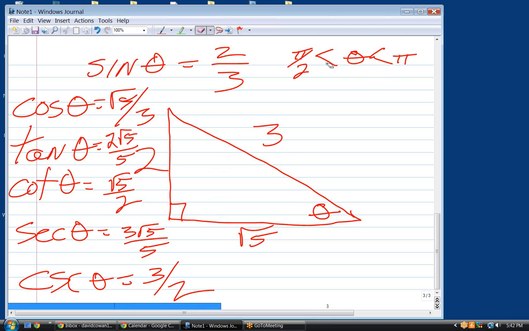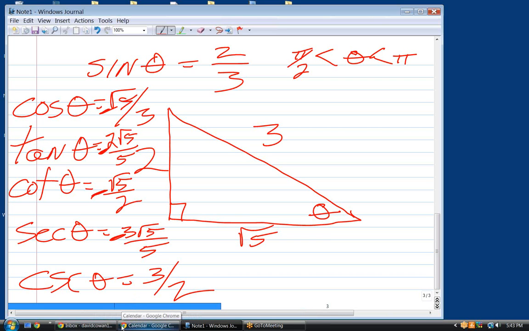But if I said theta was here, I would still draw this triangle like this, and doing everything exactly the same, comes up with all 6 of the same numbers. Only now I know I'm in the second quadrant, so cosine's negative, tangent's negative, cotangent's negative, secant is negative, and cosecant's the only one that's positive.